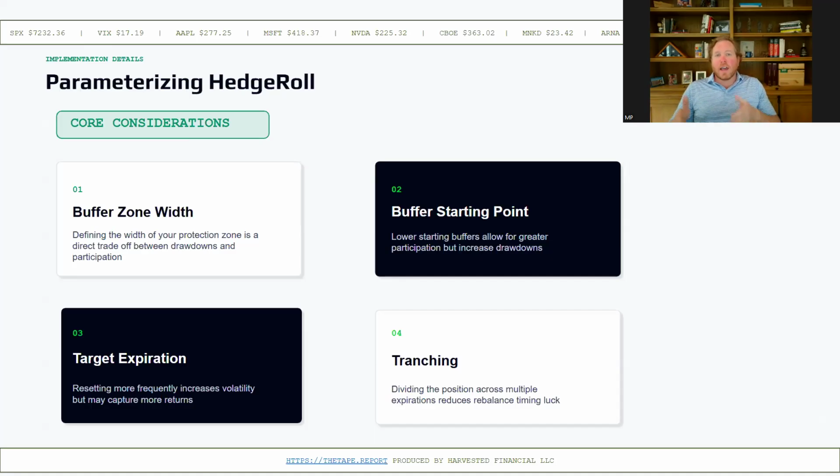So every month you'd have a third of your position expiring. That's a nice feature for rebalance timing, right? You get the benefit of adjusting every month to some degree, but you're not moving the whole position around. So if the market does, and when it does, I should say, have those kinds of fits and starts, the tranching definitely mitigates some of that.